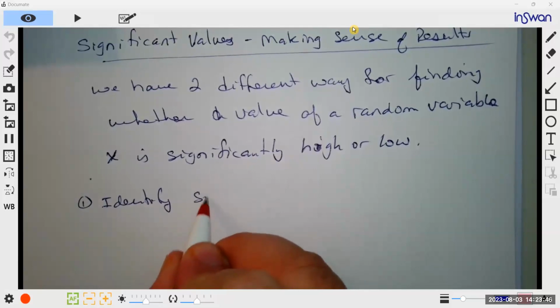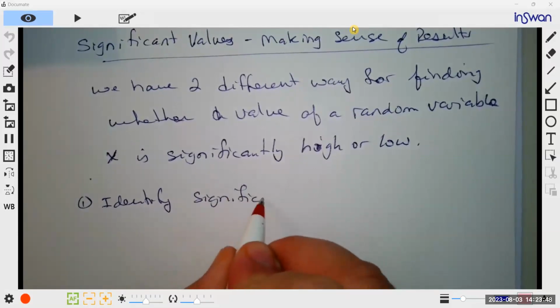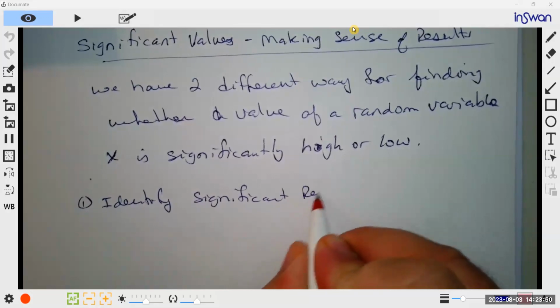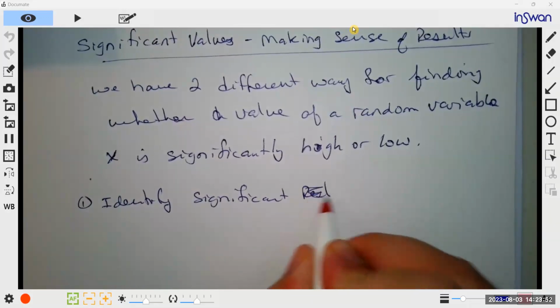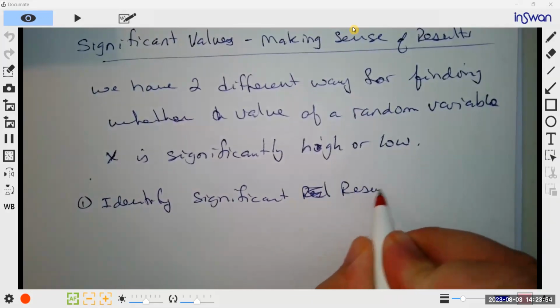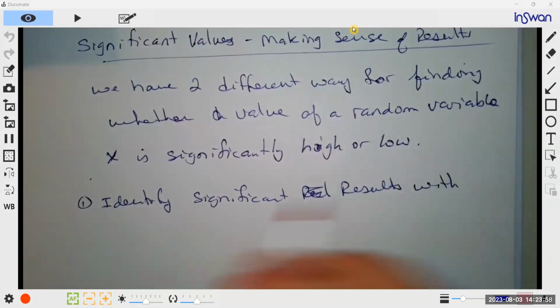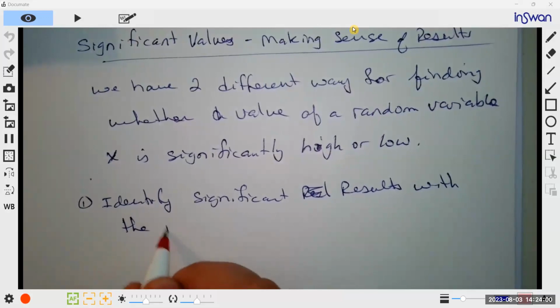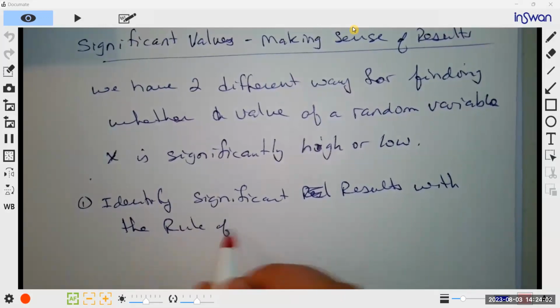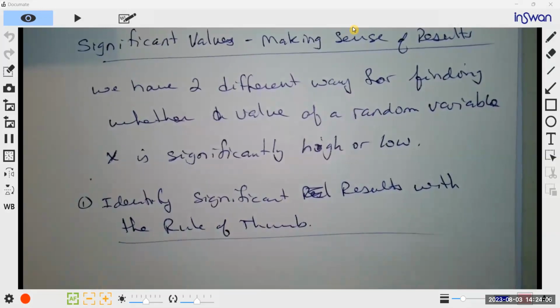And identify significant results with the rule of thumb approach. Remember we did that last chapter. The rule of thumb is how we interpret our outcomes.